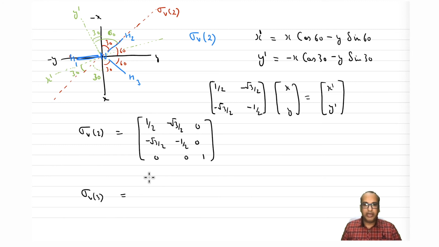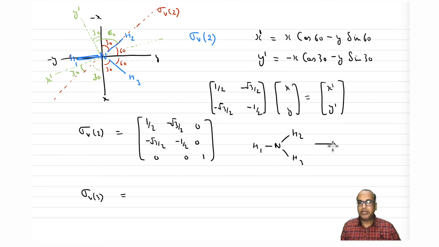So let's do this operation. Can we write sigma v3 in terms of the product of sigma v1 and sigma v2? So let's say we have NH3, I'm showing it from the top.